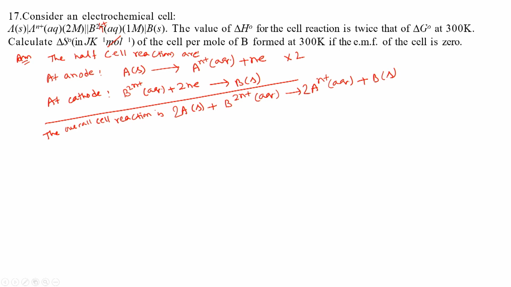This is the overall cell reaction. So, E cell will be E naught cell minus RT by nF ln concentration of A^n+ to the power 2 by concentration of B^2n+.